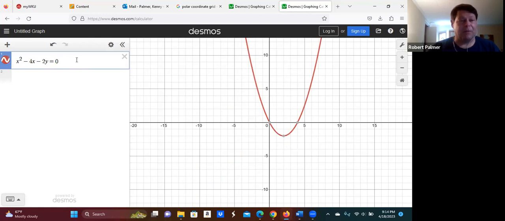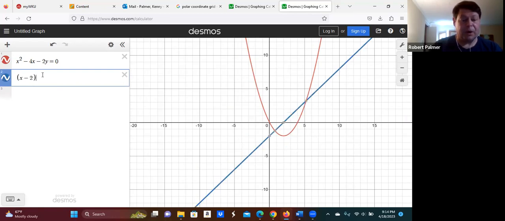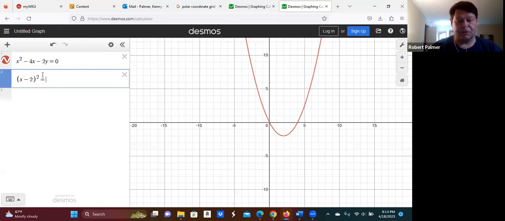Okay, that's that parabola. Now let's make sure we get the same parabola. I said it's going to be x minus 2 squared is equal to 2 times y plus 2. Make sure we get the same thing. Right, we do. If I turn this on and off, it's exactly the same graph.